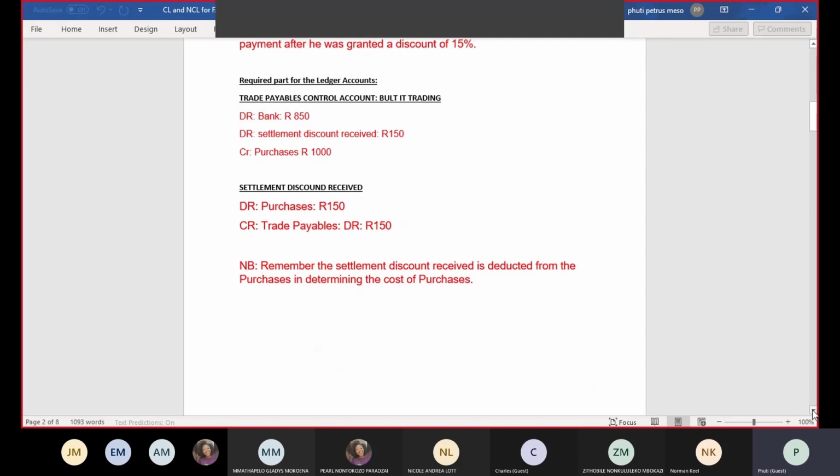And it will depend on if the credit provider has what's called the settlement discount received. Then from the purchases that you have made, you need to deduct the settlement discount received. Hence why you see that one under the trade and other payables control account being on the debit side.